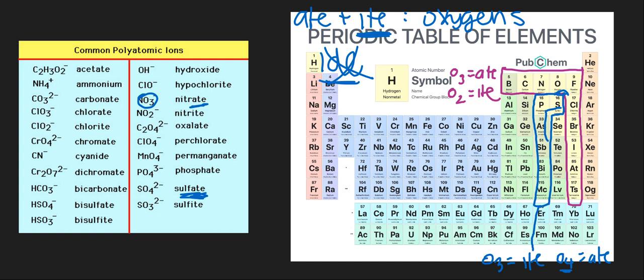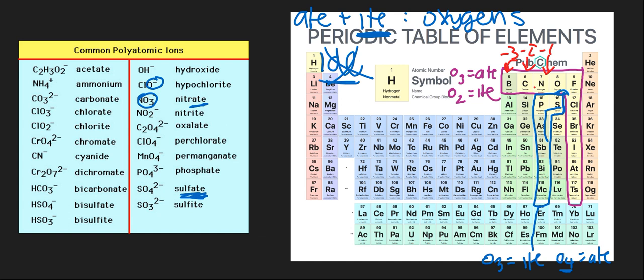So how about these charges? Because you're also going to have to know the charges to see how many of the polyatomic ion you need versus a normal one in order to balance the charges. Well, it's kind of like stepping stones. We have -3, -2, -1, and that correlates with boron, carbon, nitrogen.